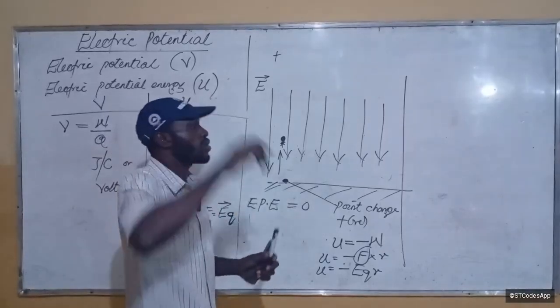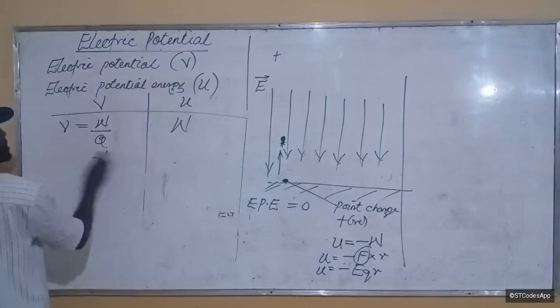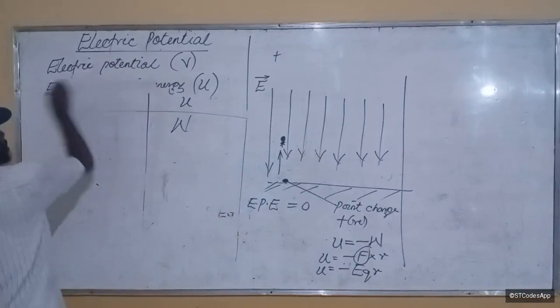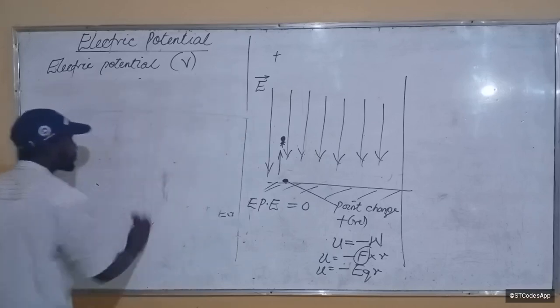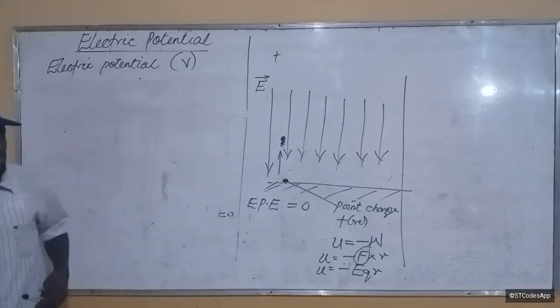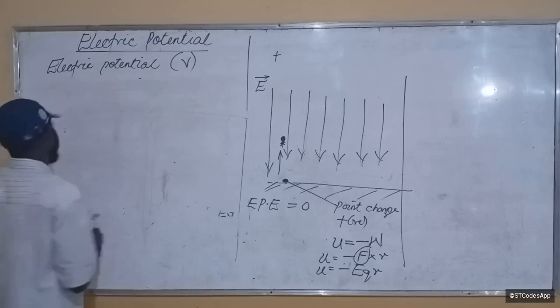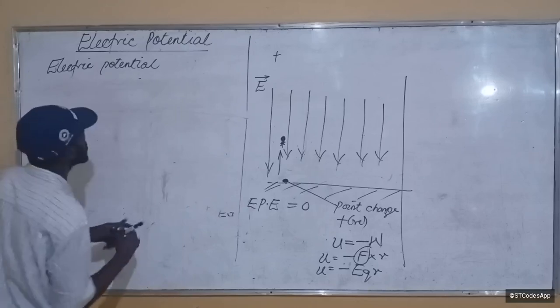Now let me give you some points that you have to know about electric potential and electric potential energy. Of course, one first thing you see from the equation that I wrote here is, let's talk about electric potential energy first, since I already wrote the equation there.